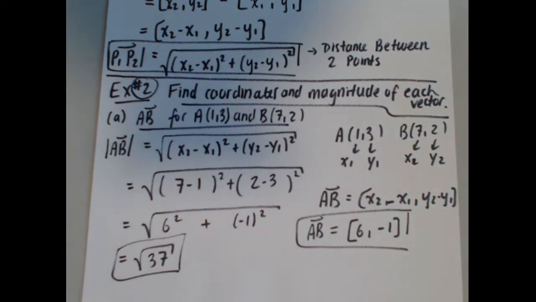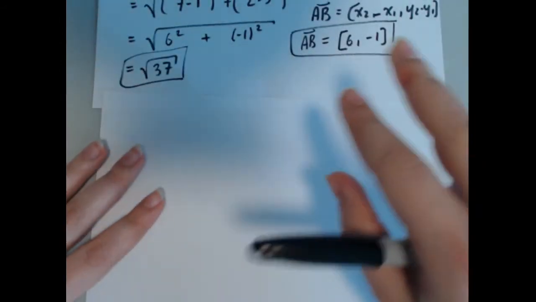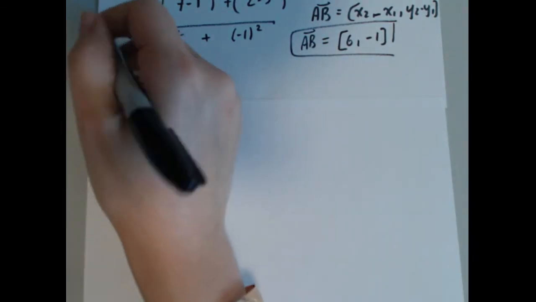If you have points with negative signs, just be careful dealing with the negative signs, subtracting negative numbers, and religiously using your brackets. So we are now almost 3/4 of the way through the lesson. Okay, next.